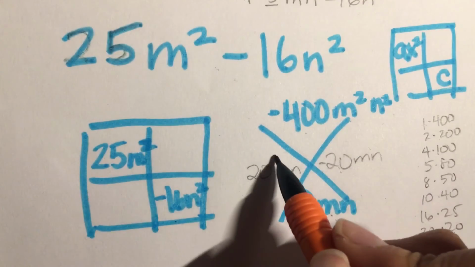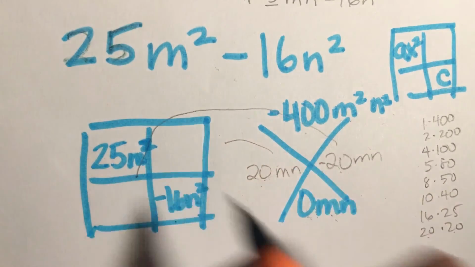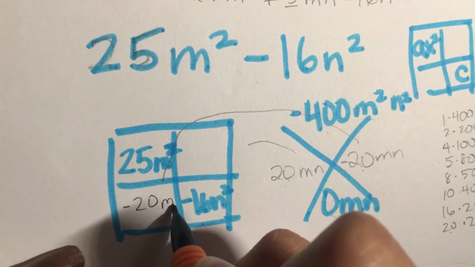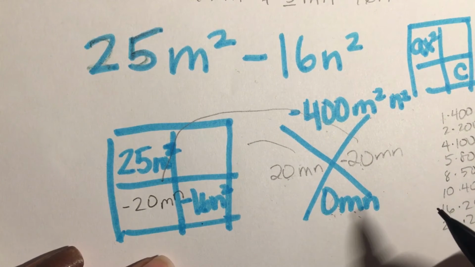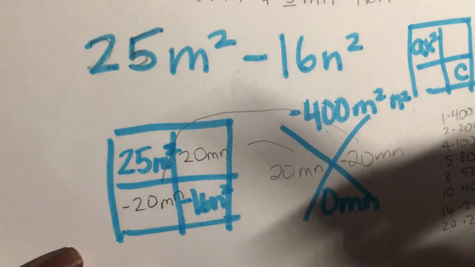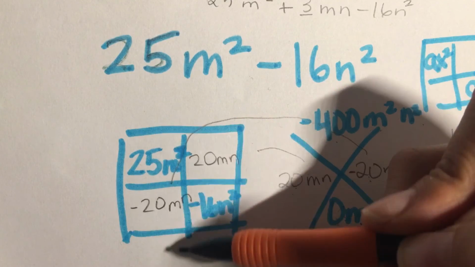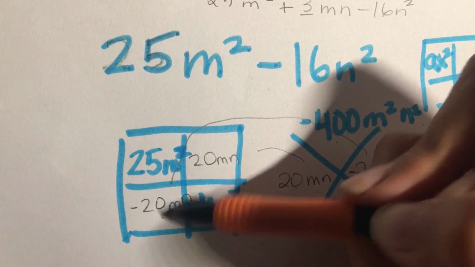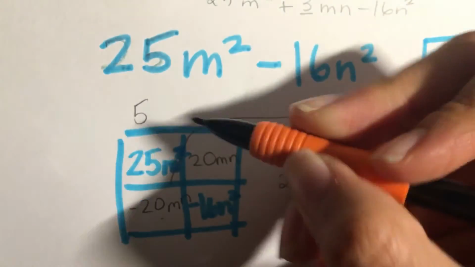All right, now we're going to move these guys over to the boxes, remember? So I'm going to put negative 20mn, and right here I'm going to put 20mn. All right, now back to this. What do these guys have in common? Well, 25 and 20, I know you can both factor out a 5. So I factored out a 5.